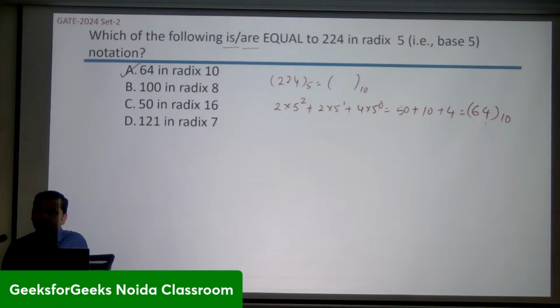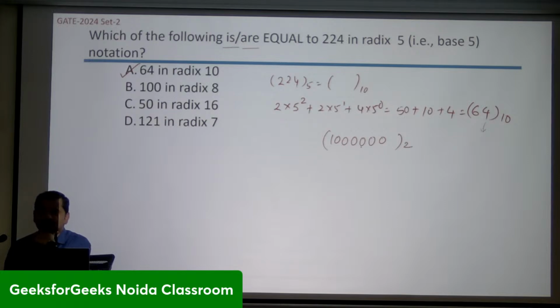What we can do, we can simply convert it into octal by converting into binary. 64 is this one in base 2.